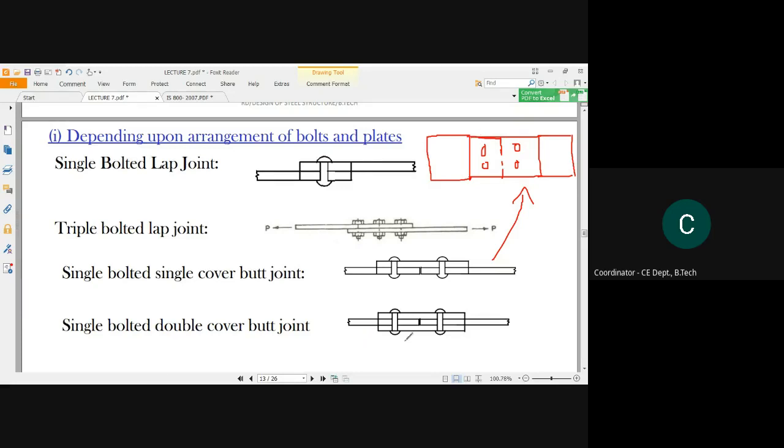Now come to the next type. It is similar, only the bottom part is covered by another plate. That is why this is called double cover.